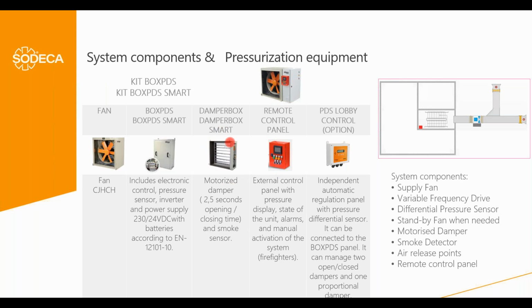Then we have the motorized damper with the smoke sensor. These three components come together assembled from the factory. They can be disassembled and reconnected, but they come together. And we have the remote control panel for the firefighters or for maintenance or commissioning.